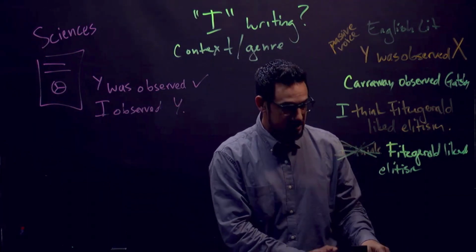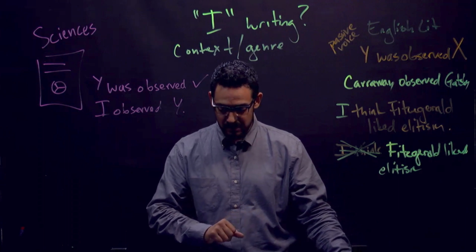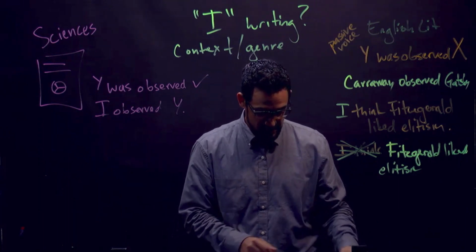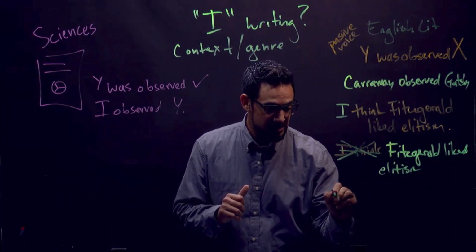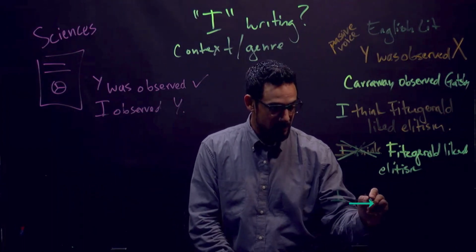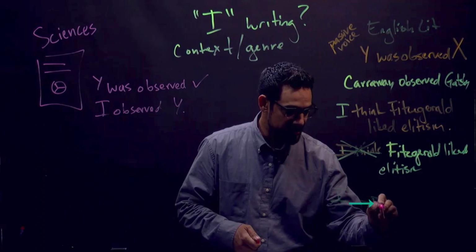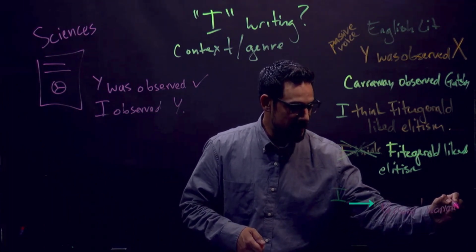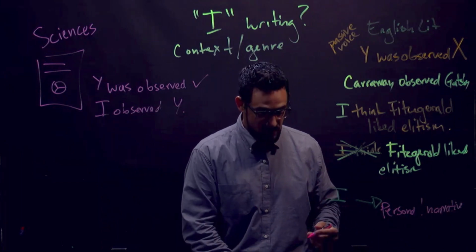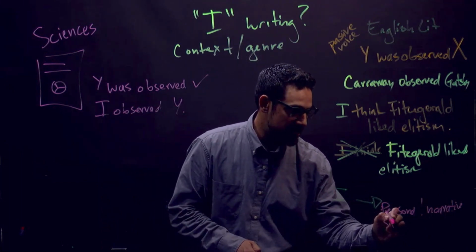Of course, there are always occasions when you can, in fact, use the "I," and that the "I" is strongly recommended. So, when to use the "I": personal narratives. If you're asked to write about yourself, or a statement of purpose.